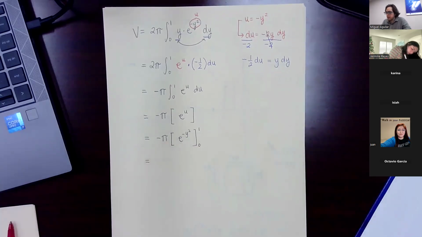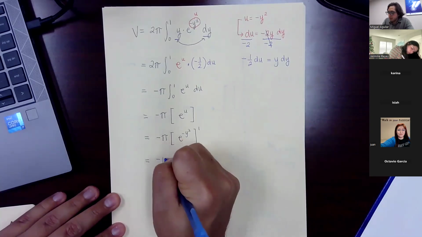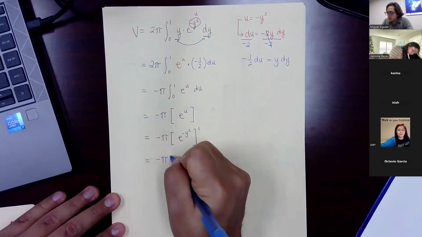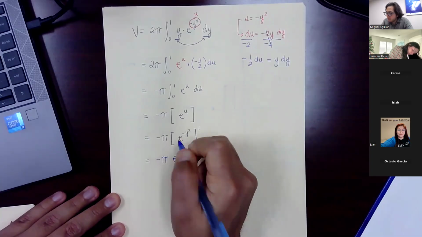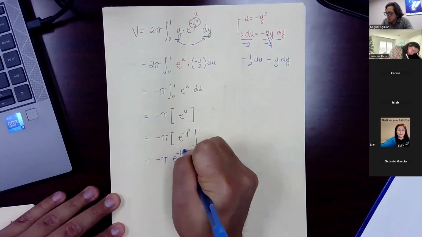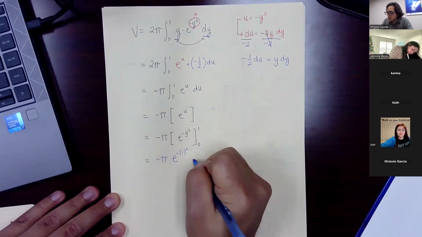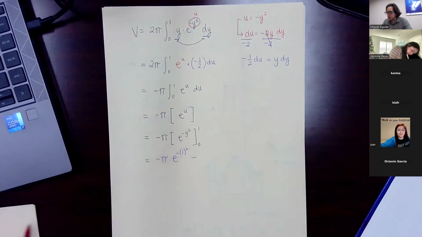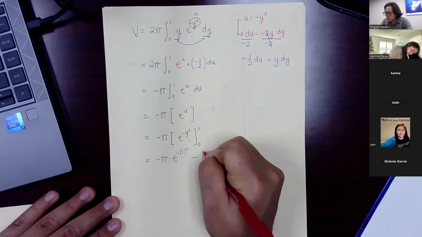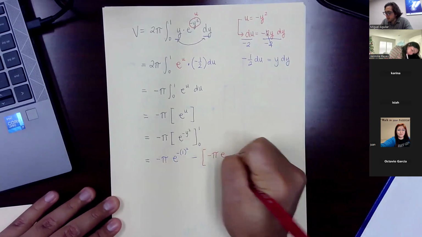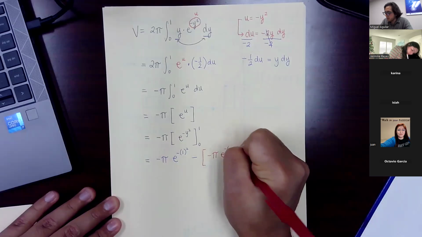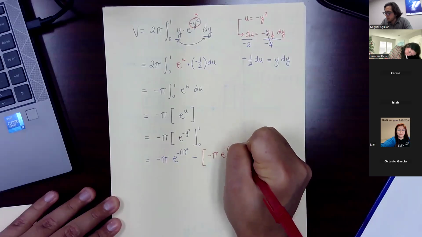So this should be negative pi times e to the negative 1 squared, minus negative pi e to the negative 0 squared.